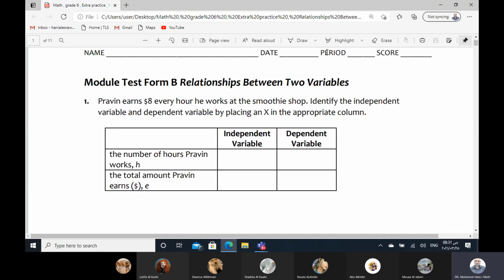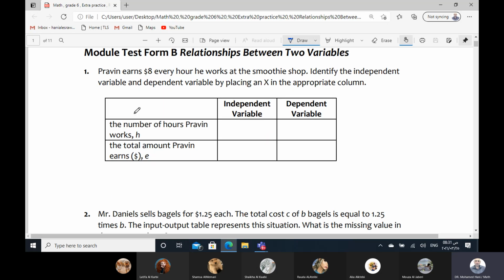Now we want to revise the relation between two variables. Who can read exercise number 1, please? Mister, can I read? Yes. Kevin earns 8 dollars every hour. He works at the smoothie shop.